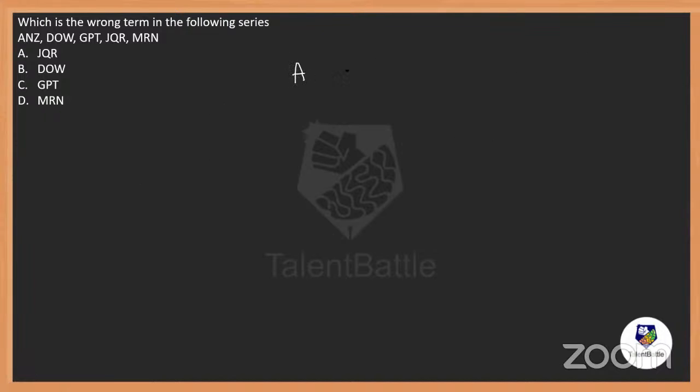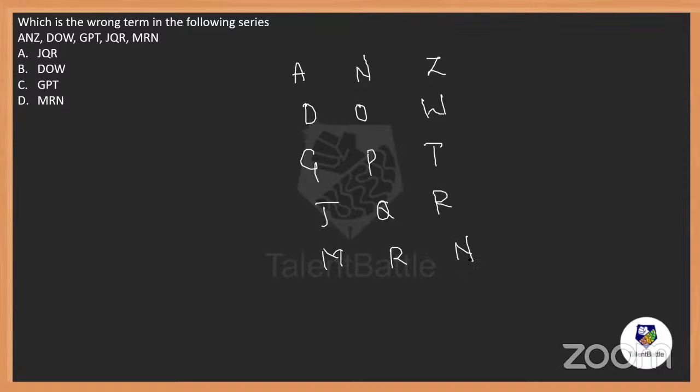First, what they have given: ANZ is one term, DOW is one more, GPT is one more, JQR and MRN. They are asking us to identify the wrong term. So first step, we will give the alphabets their numbers.